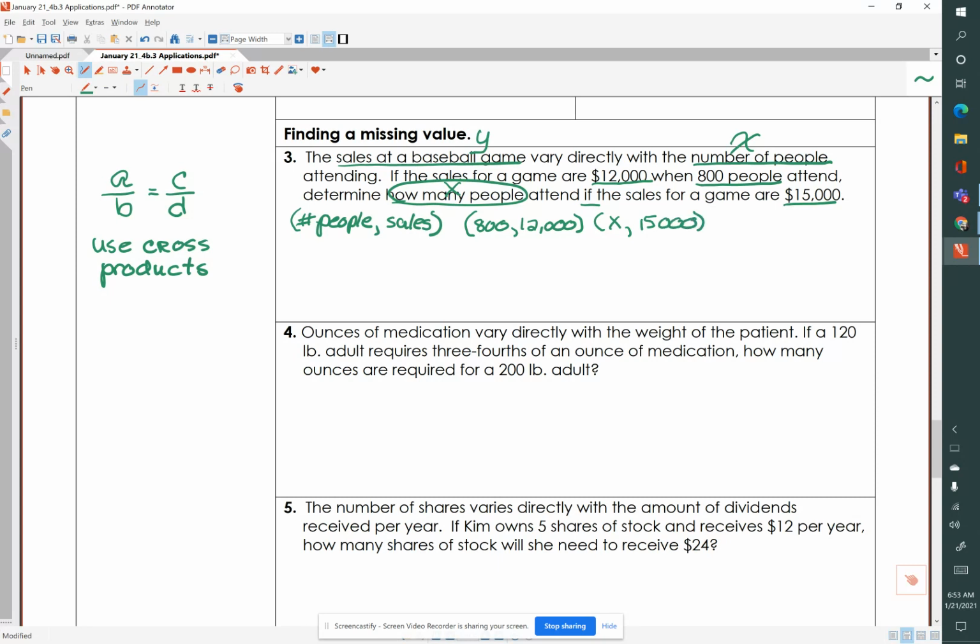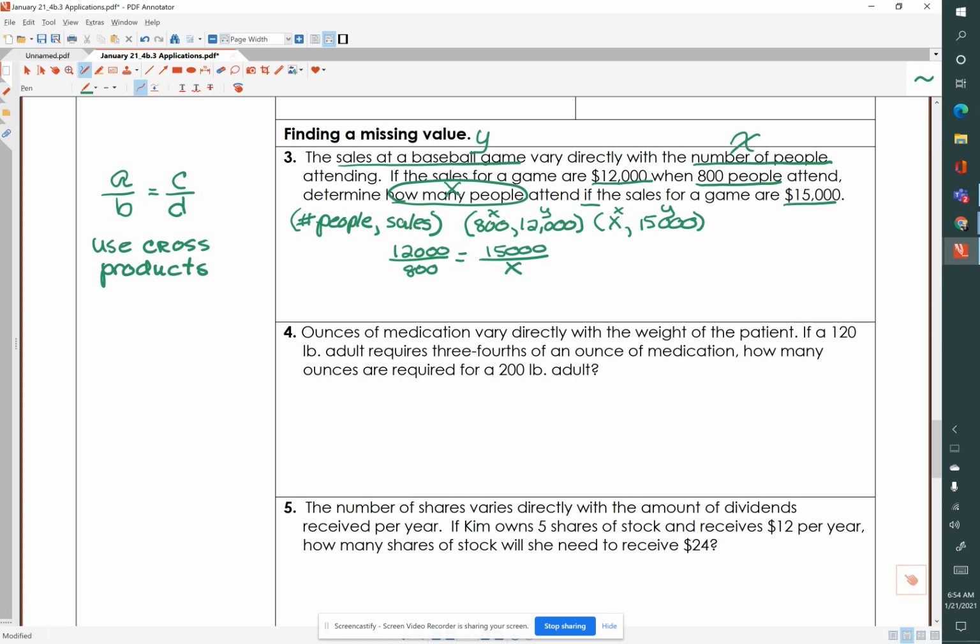Now we just create a proportion. So X over Y equals X over Y. So here's X, Y, X, and Y. So 12,000 over 800 equals 15,000 over X. And we just solve by cross products.